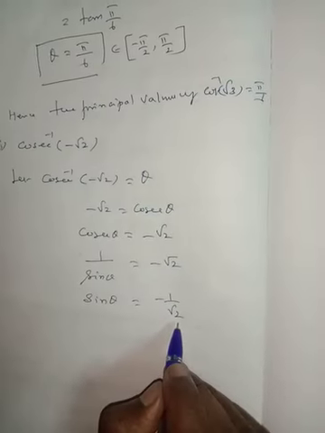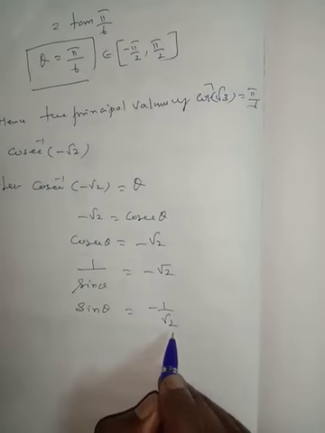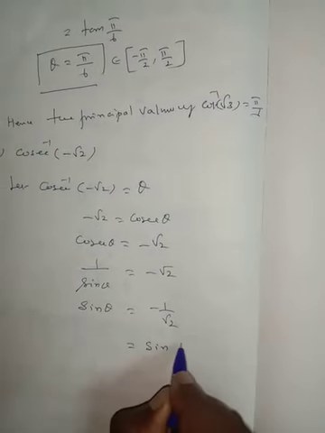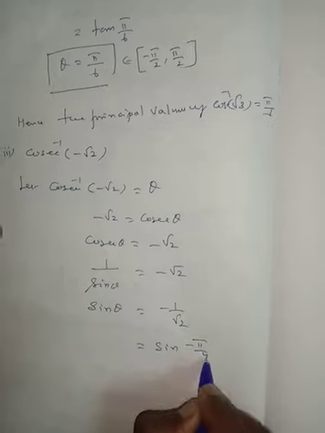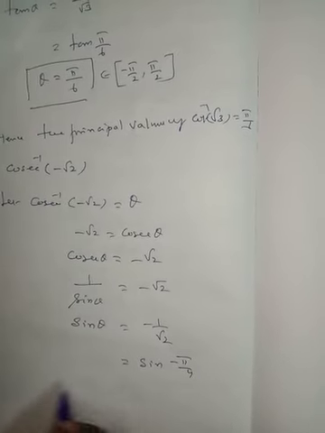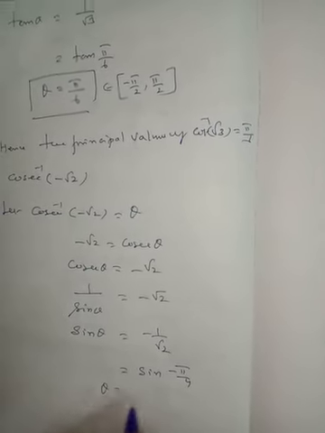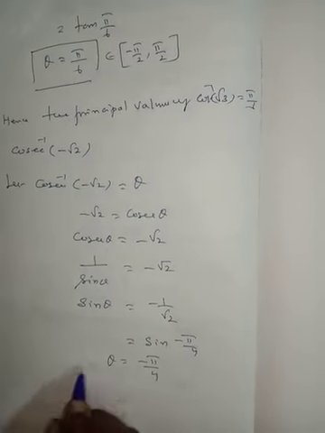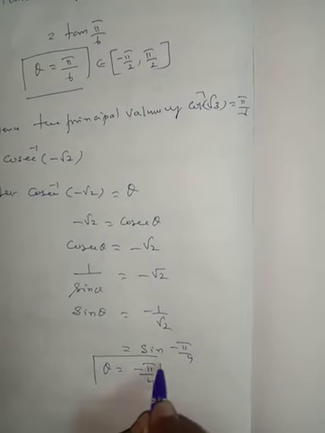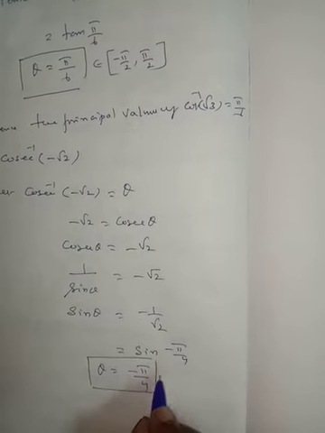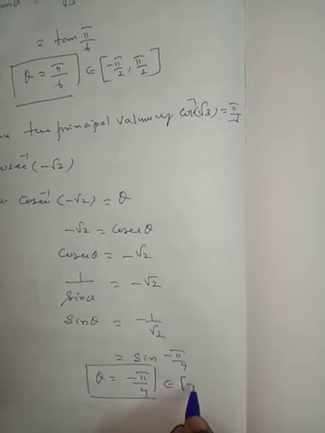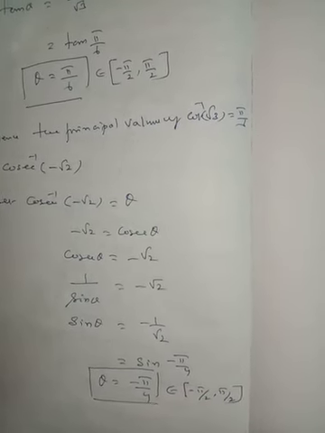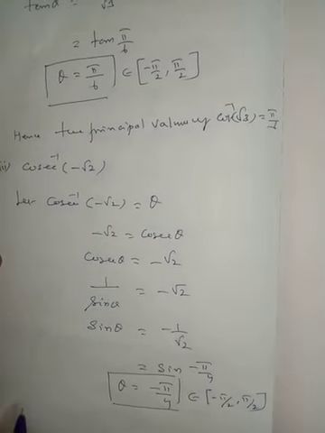1 by root 2 is sin 45 degrees. So in this case, sin of minus pi by 4. Taking sin inverse on both sides, we have theta is equal to minus pi divided by 4. This minus pi divided by 4 belongs to the range minus pi by 2 and plus pi by 2.